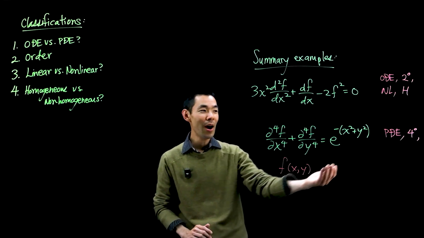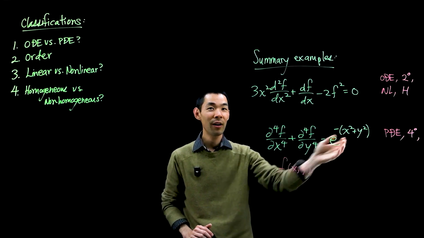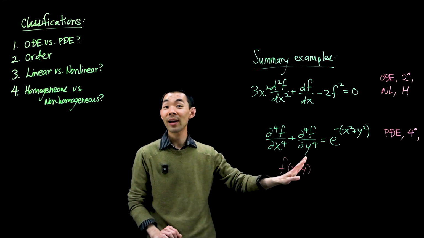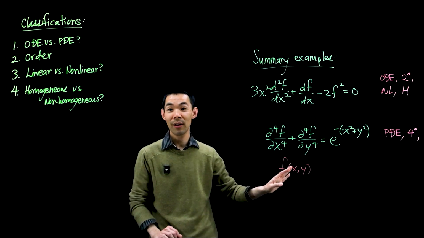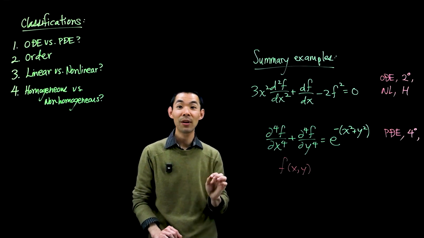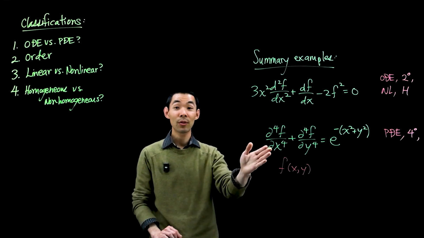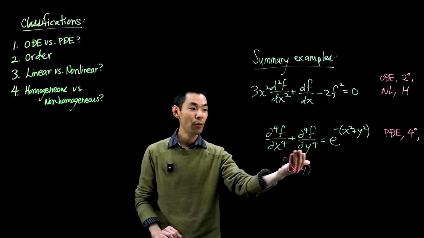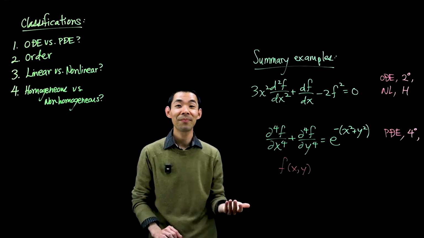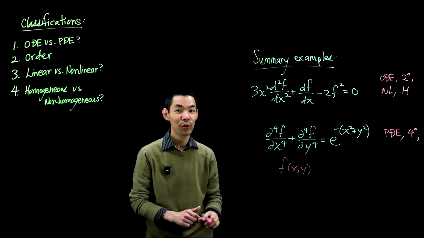Therefore, even though y appears in a nonlinear form over here, in this equation, f is the function you want. So we don't care about x and y and how they appear as linear or nonlinear. We care about f. Does f and its derivatives appear in linear forms or not? The answer is it's linear because both of these first two terms are linear functions of its derivative. And therefore, it's a linear differential equation.